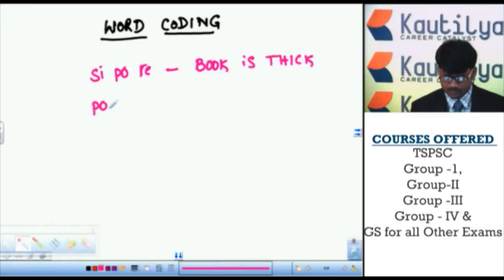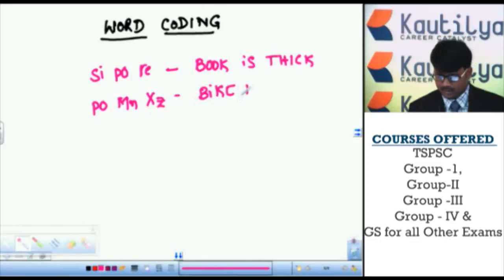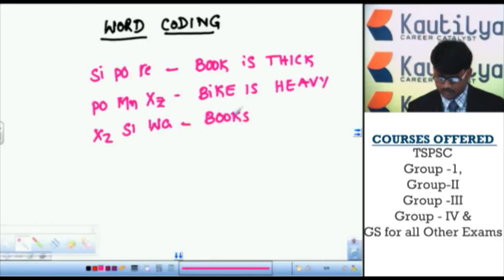PO, MN, XZ means bike is heavy. Next, XZ, SI, WA is coded as books are heavy.